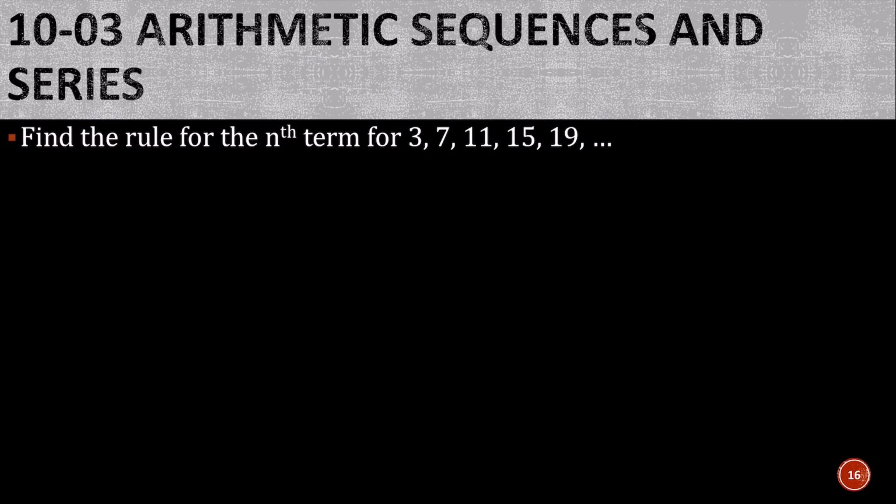Find the rule for the nth term for 3, 7, 11, 15, 19. Alright, so we already came up with d was 7 minus 3, which is 4. Or if you'd like, 11 minus 7 is 4, 15 minus 11 is 4, 19 minus 15 is 4. So d is 4.